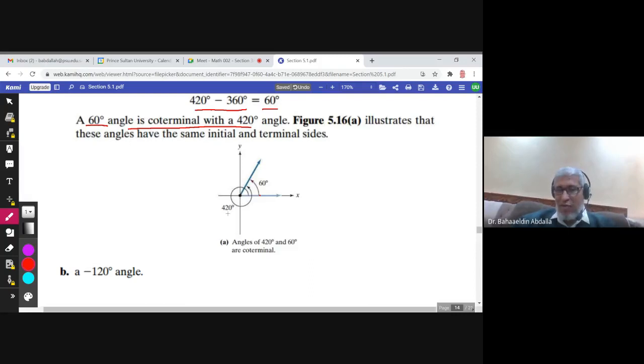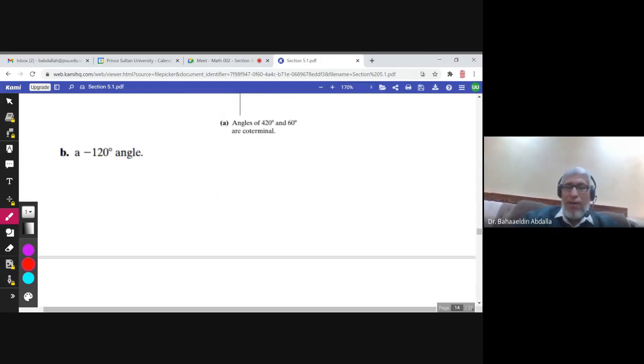If you start by 420, you subtract 360. But if you start by 60, you add 360 and you get the 420. So you can see here that 60 and 420 have the same initial side and the same terminal side, so they are coterminal. What about the angle negative 120?